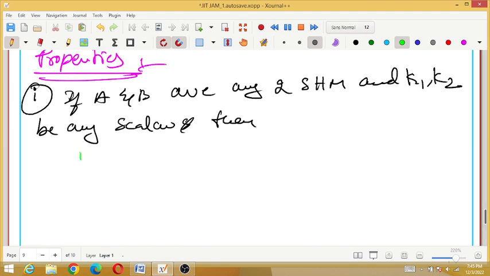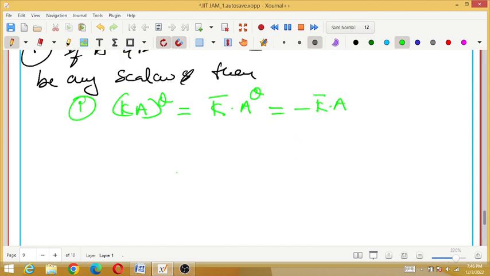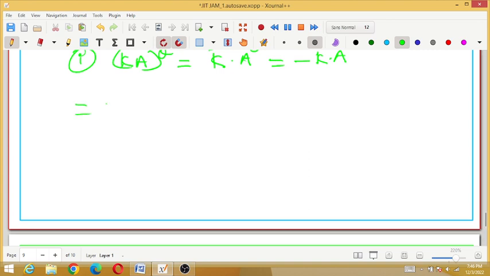First condition: (KA) whole power theta is equal to K bar into A theta, that is equal to minus K bar into A. Here minus K bar is the key.